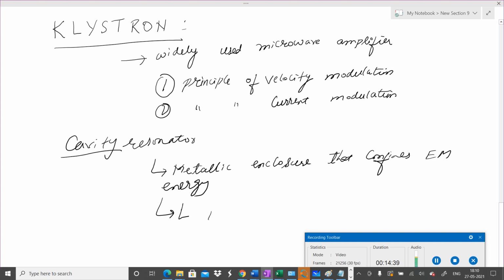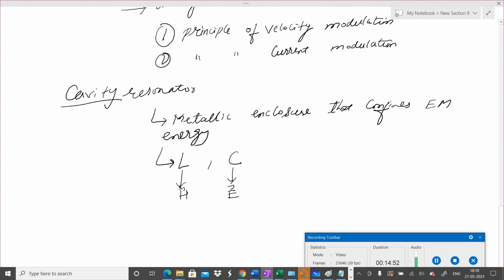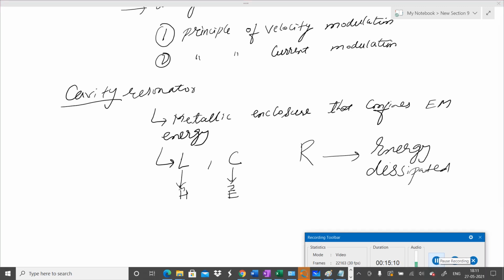Inductance is decided based on the magnetic field, and capacitance is decided based on the electric field energy inside the cavity. And definitely some energy will be dissipated because of its finite conductivity. So the energy dissipated will determine its equivalent resistance.